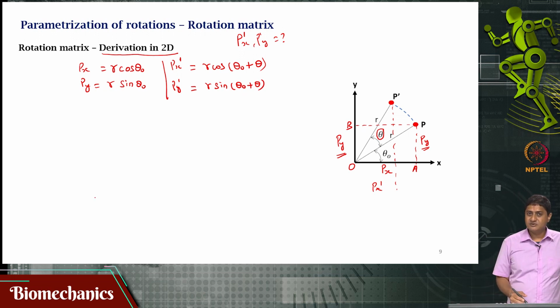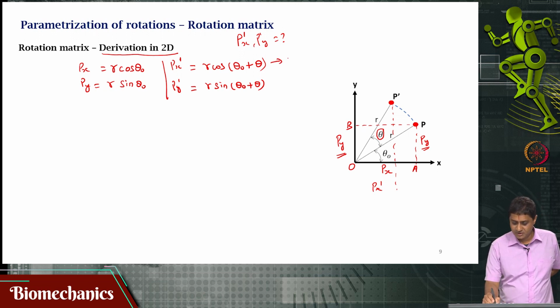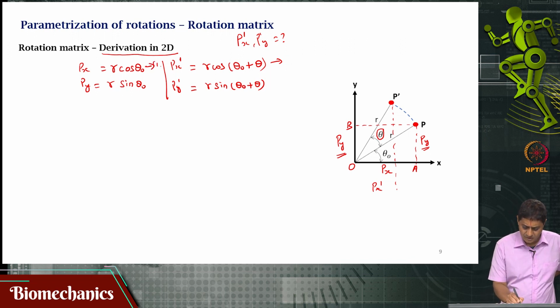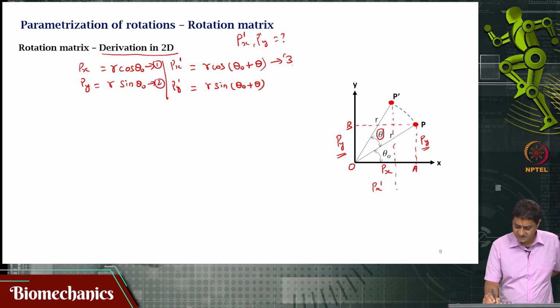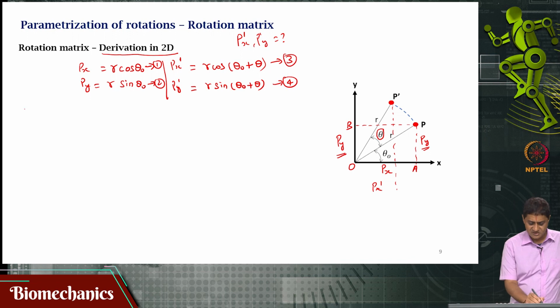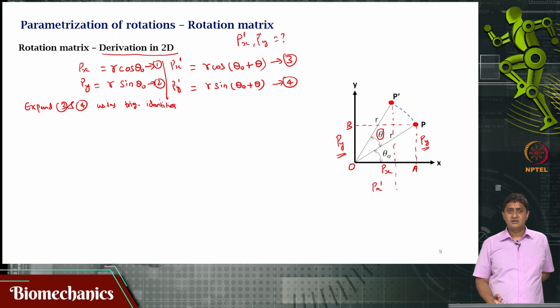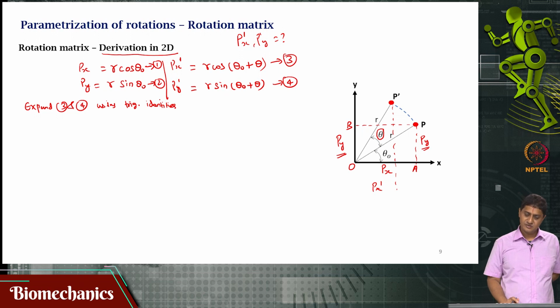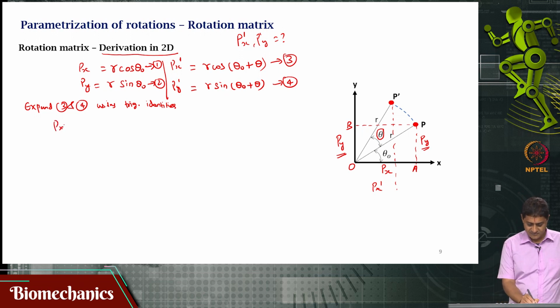I can expand these two equations using trigonometric identities. Let's name all of them: I am going to call this 1, this 2, this 3, and this 4. Expand 3 and 4 using trigonometric identities, because you know what cos of a plus b and sin of a plus b are.